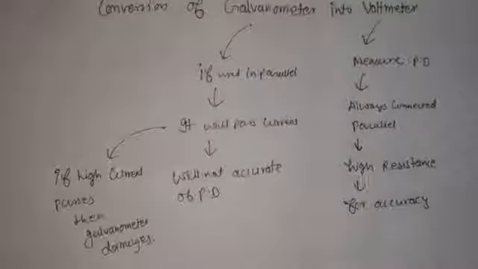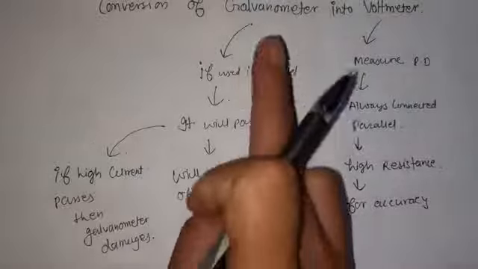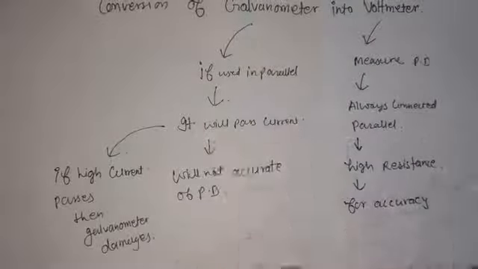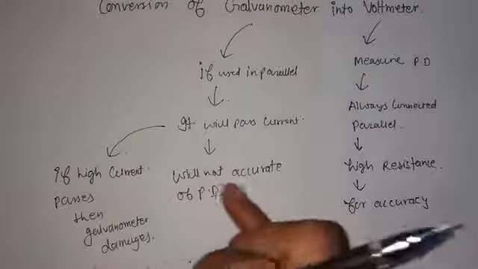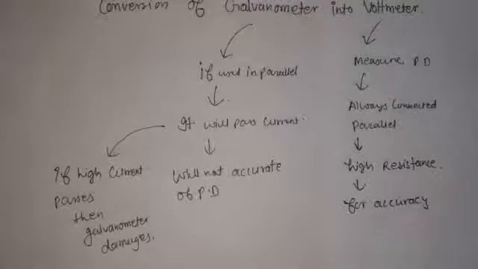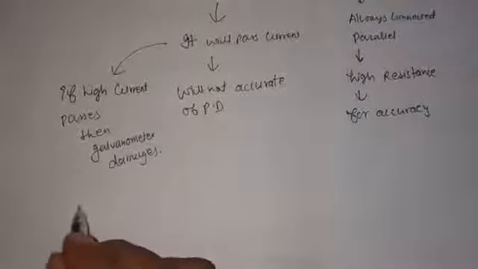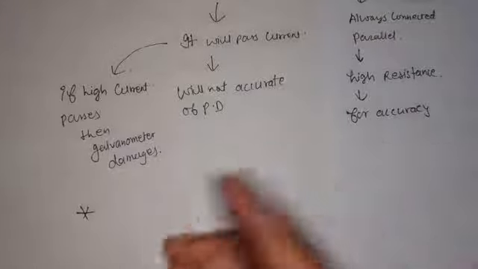For this conversion we have to increase the resistance of the galvanometer, so that it will not pass any current through it, and it will give the actual measurement of the potential difference.